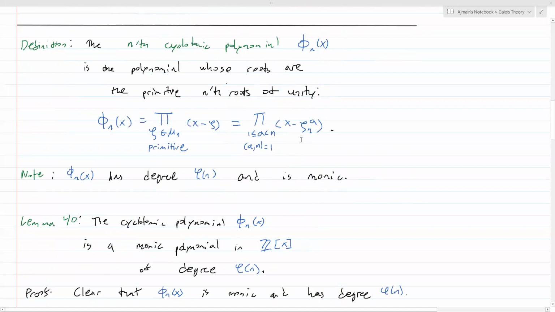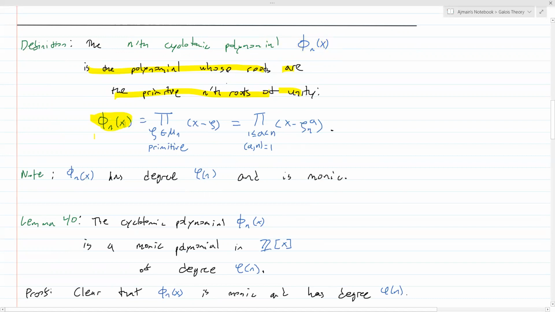All right, so now let's define the nth cyclotomic polynomial. It's going to turn out that this is the minimal polynomial for a primitive nth root of unity. But first let's define it. The nth cyclotomic polynomial phi n of x is a polynomial whose roots are the primitive nth roots of unity.